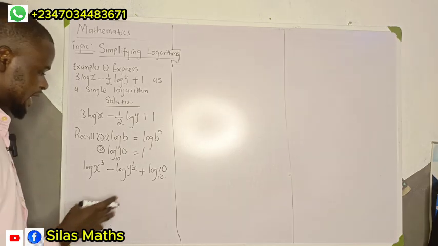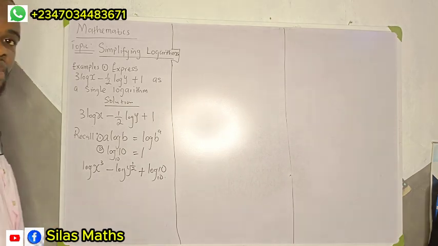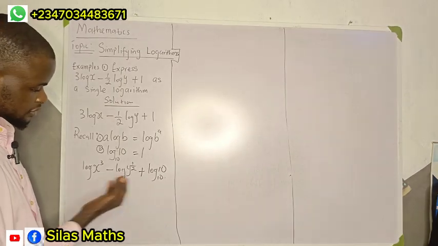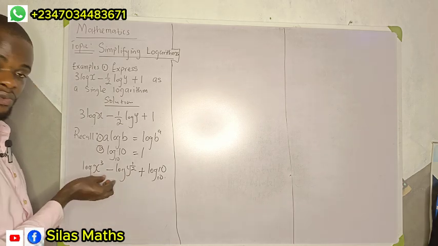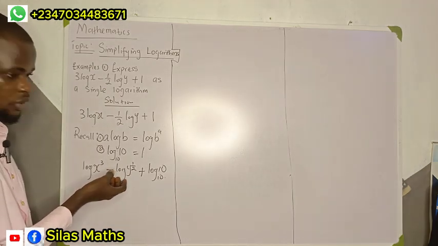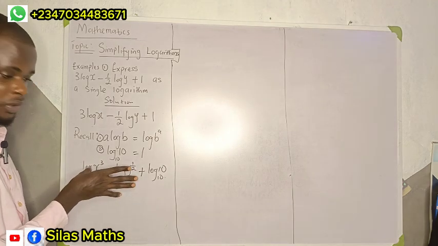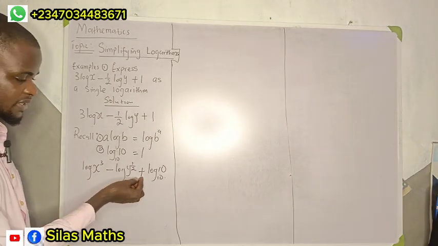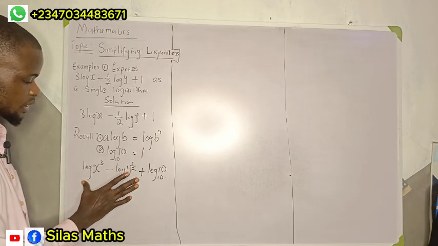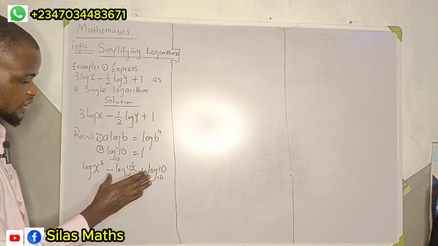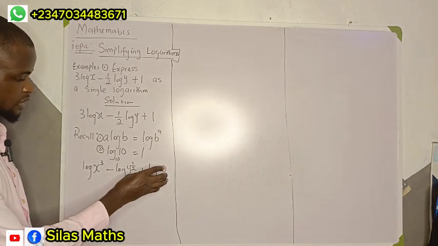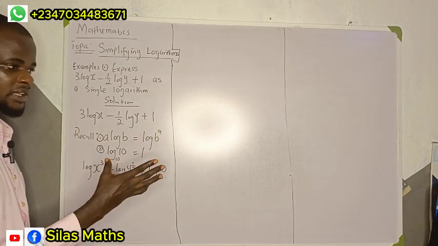Now solving further, you can apply the subtraction law here. Since these two are subtracting, what happens to the log? They will divide. Why this is addition simply means that whatever result we get here, we will divide it, or let's take it one after the other.